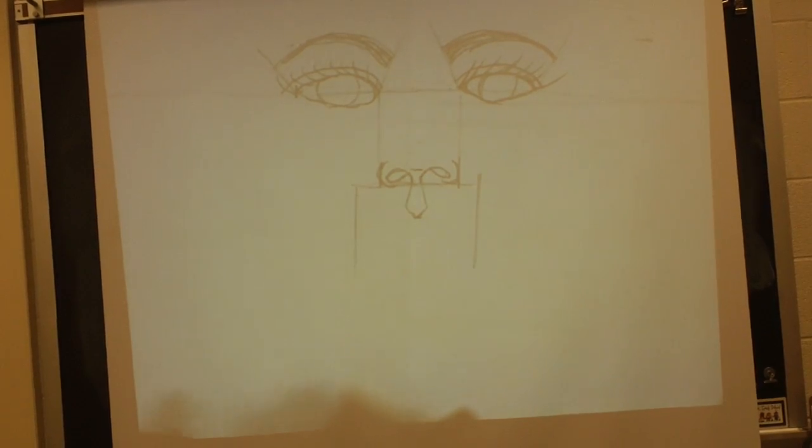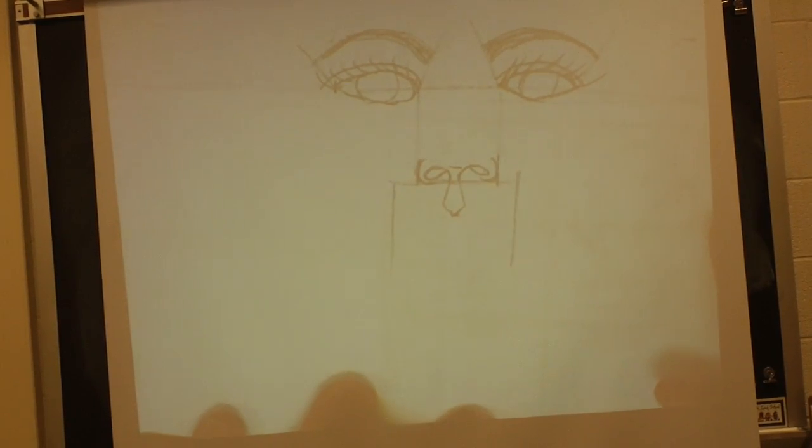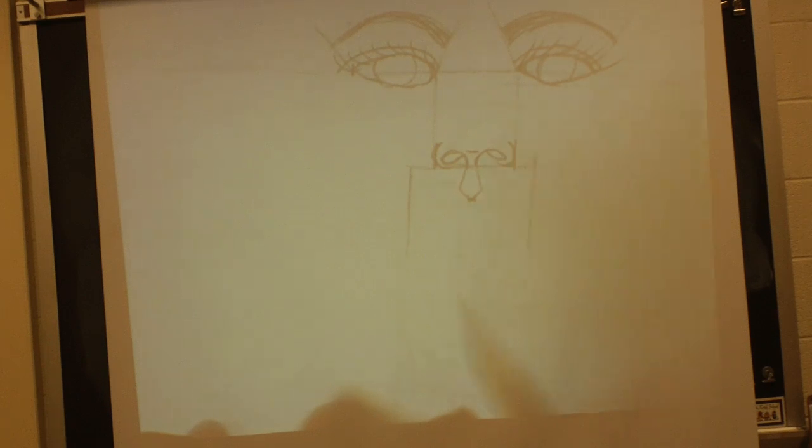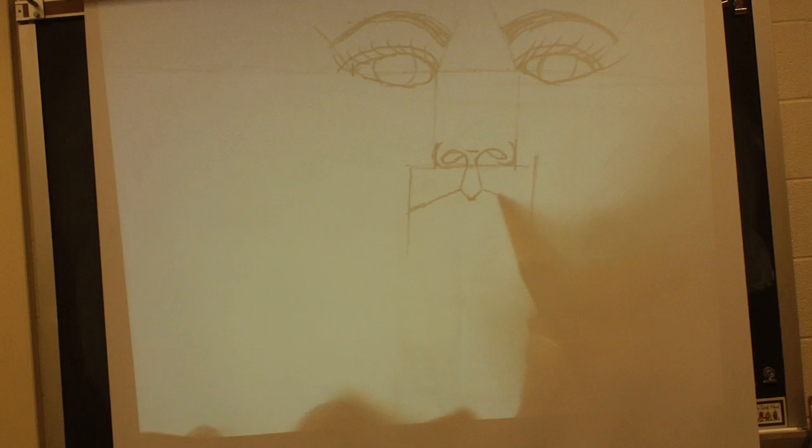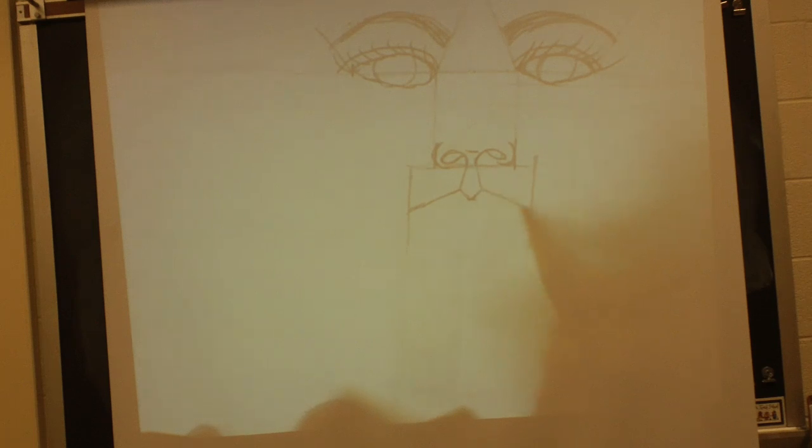For the mouth part, the easiest way that I've found to do the mouth is to come up the philtrum and then gently angle down until you hit the measurement mark that you have. A lot depends on the person's mouth. If they have pouty lips, this angle goes down a lot faster, and some people have more straight lips.